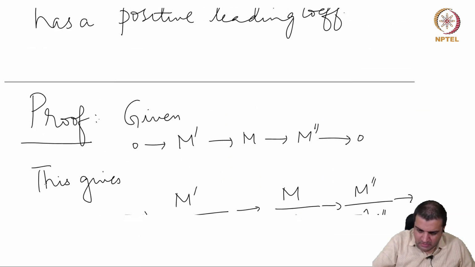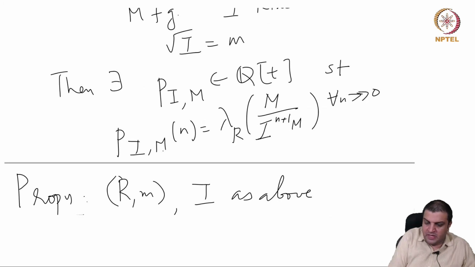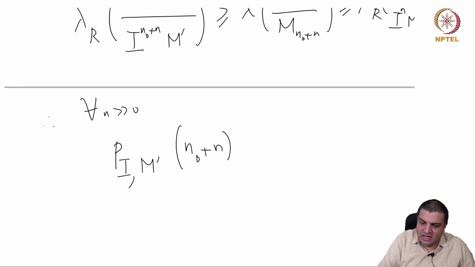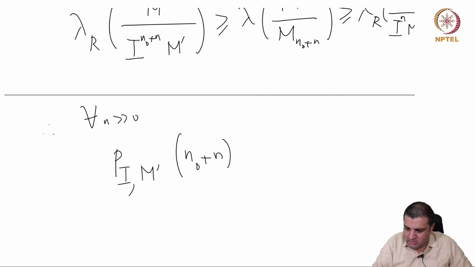Remember p_{I,M}(n) is the length of M modulo I^{n+1} M, but since we are arguing for all sufficiently large n, between these two terms there is an offset of 1, but that is okay. One has to put a plus 1 in this term here. This is equal to this expression with n0 plus n plus 1, but that's fine.